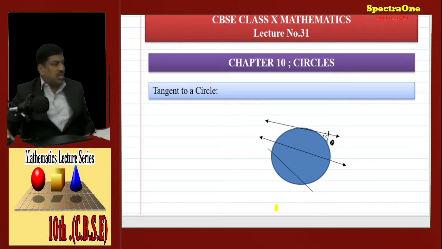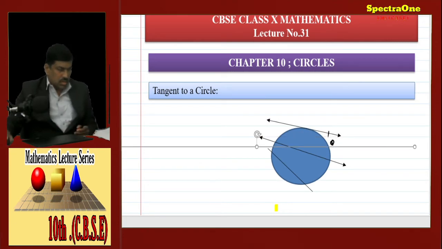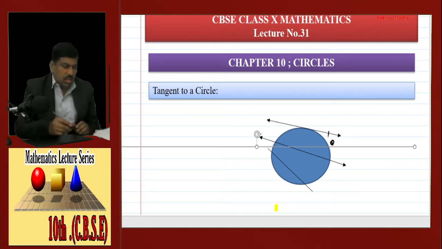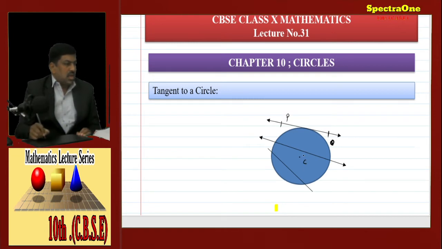And if you observe this line, this is the line PQ. This is the center of the circle. This is the line AB.